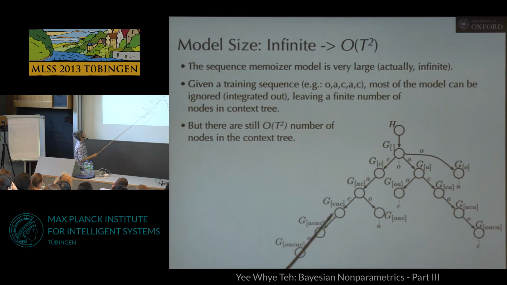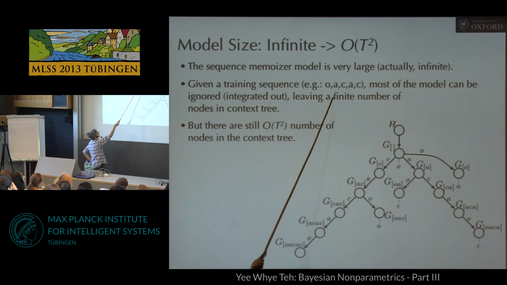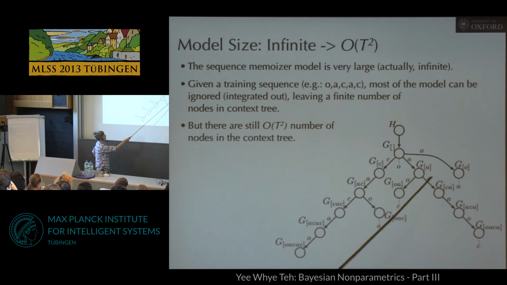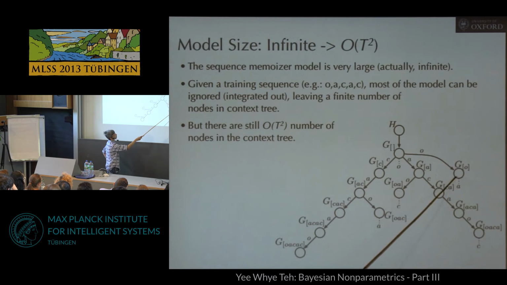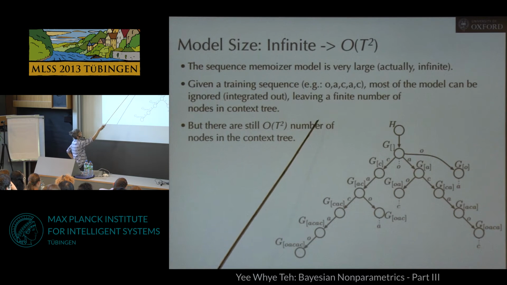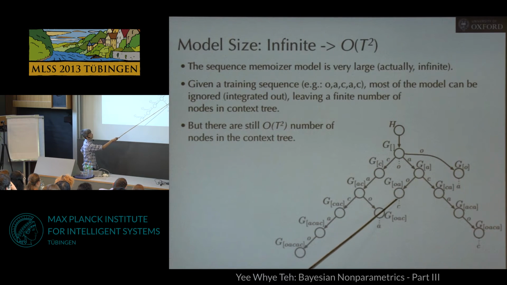And then to calculate the probability of A given O, that's a likelihood term associated with that node of the tree. So this is the probability of the letter A, given that the context is simply O. For C given OA, that's an observation down here, and then the second A is down here, and the C is down here.